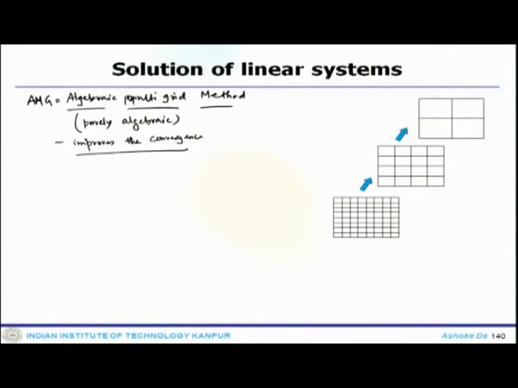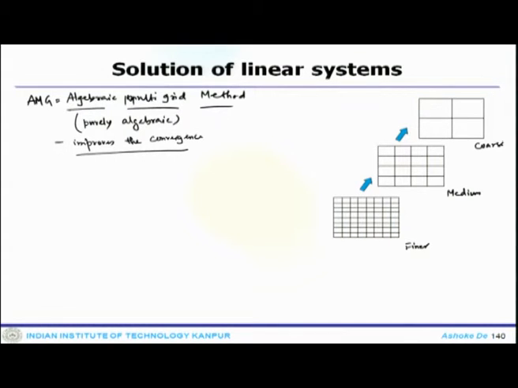Here is the finer grid level, medium and coarse. The low frequency oscillation that arises at the finer grid level is transformed to high frequency oscillation at the coarser grid level, and that is why it works.